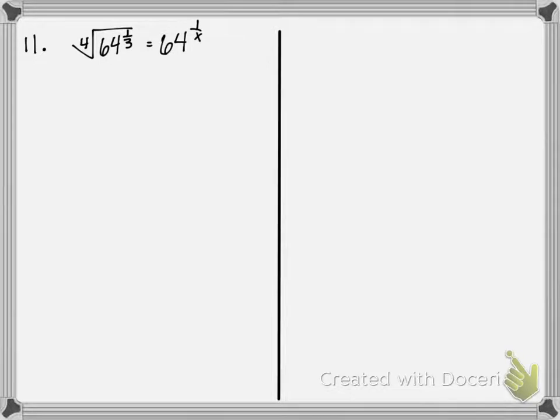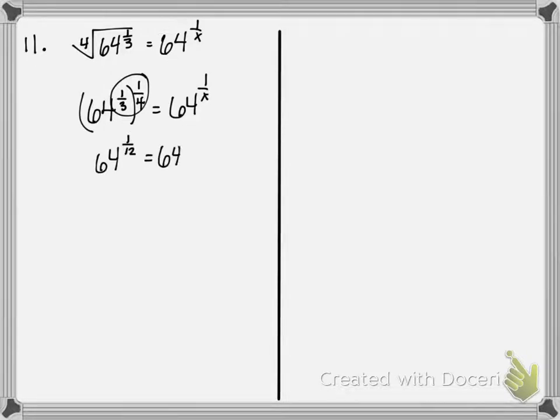My right side is an exponential form, so I'm going to convert the left side into it as well. 1/3 times 1/4 is 1/12. My bases are the same, so I can set the exponents equal to each other. So x equals 12.